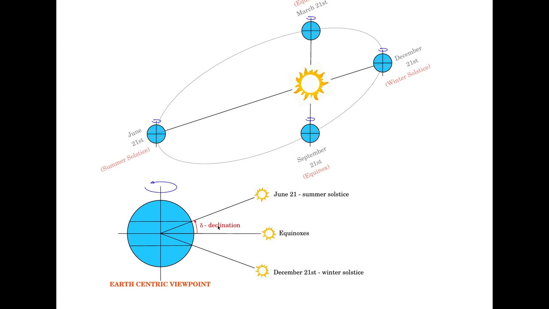Remember this, the delta or the declination is the angle between the equatorial plane and the line joining the center of the earth and the center of the sun at any given time and day of the year. So the declination angle varies from plus 23.5 degrees to minus 23.5 degrees.